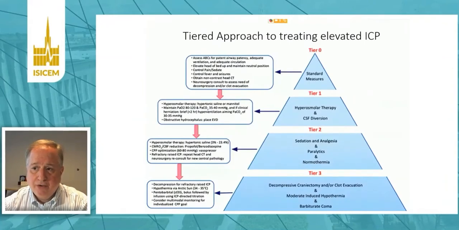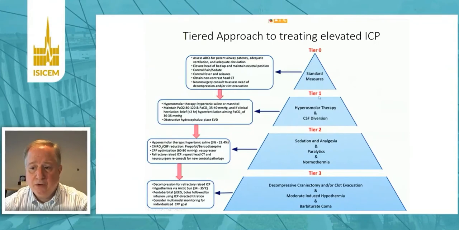The approach to intracranial pressure treatment is usually considered to be a tiered type approach, where tiers go from tier 0 to tier 3. And in each tier, we do a number of standard measures. Generally speaking, we do uniform standard measures in all patients. That's considered tier 0.